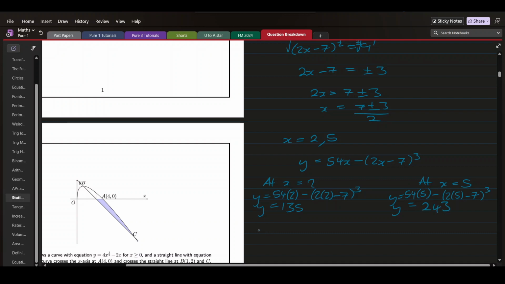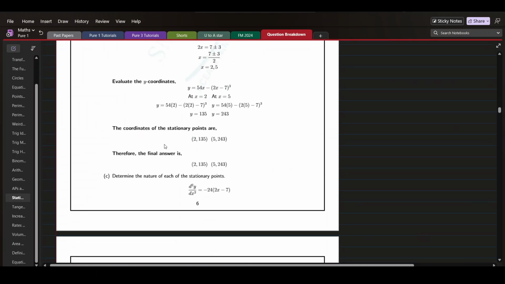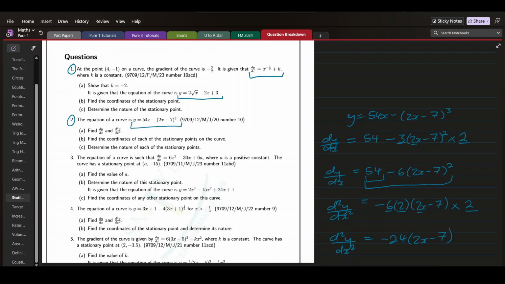And so we can conclude that the coordinates of the stationary points are (2, 135) and (5, 243). Let's check our answers to see if this is correct. This is number 2, part B, (2, 135) and (5, 243). That is correct.